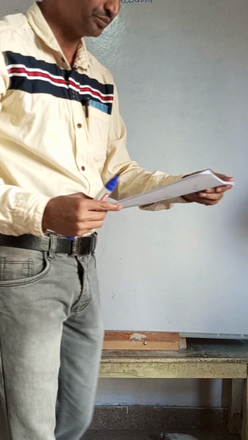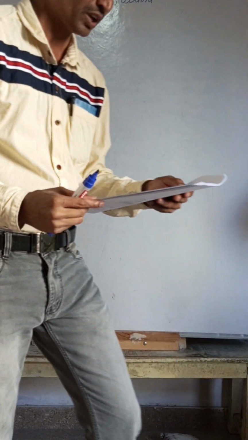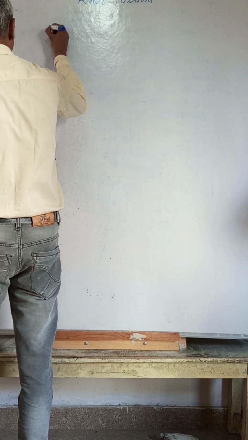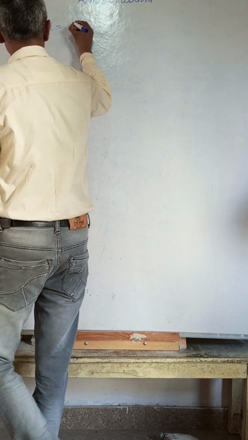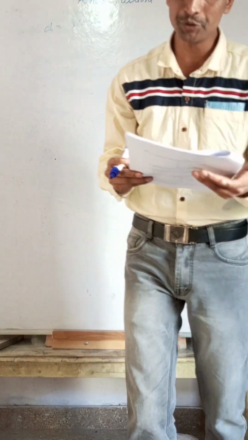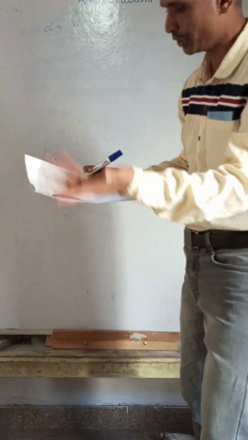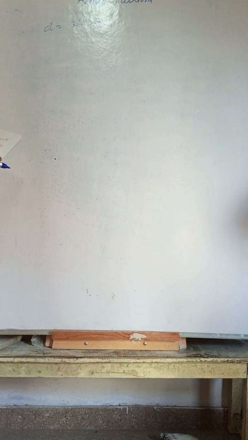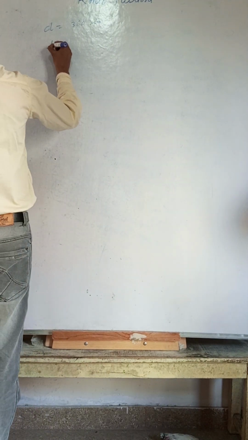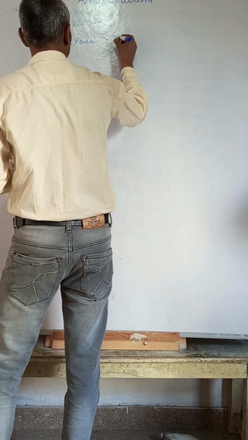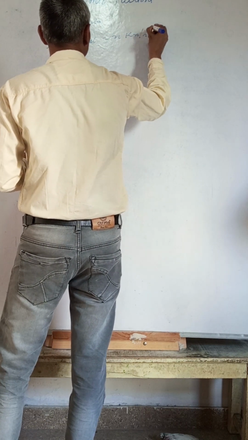Here the question is given: a bus traveled 360 km with uniform speed. Distance given, d is equal to 360 km, traveled with uniform speed. What is the speed? We don't know, but it is uniform.